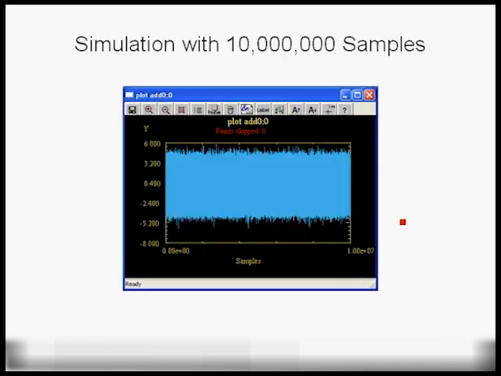And here we have the simulation with 10 million samples. And just to note that the footprint for the simulation did not increase at all. It's the same footprint that was used for 128 samples. So it doesn't matter whether we simulate 10 million samples, 100 million samples, 1 billion samples, or just 128 samples. The memory footprint does not grow in Capsim.